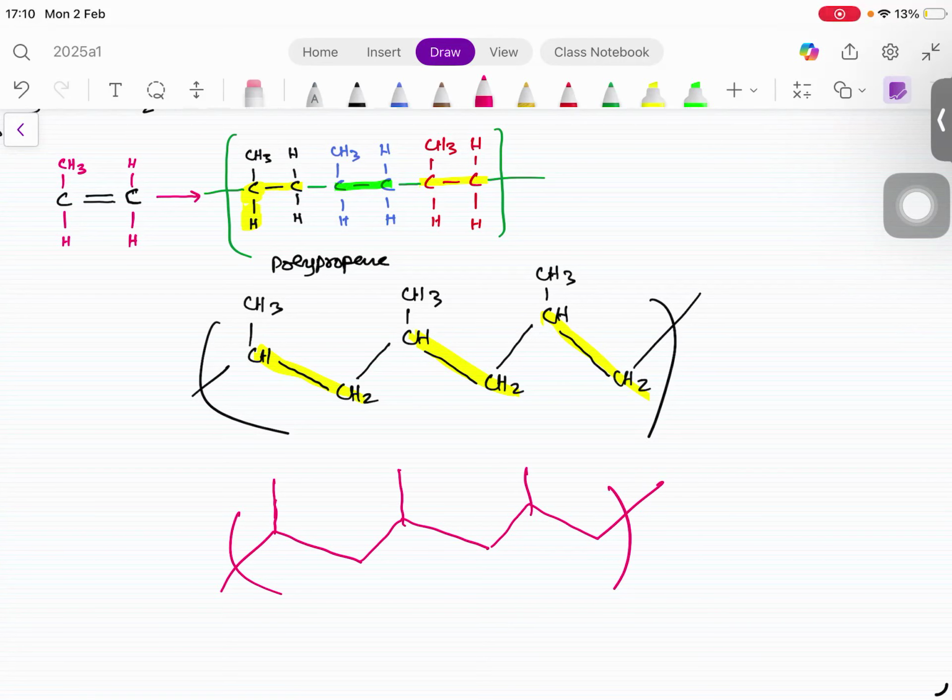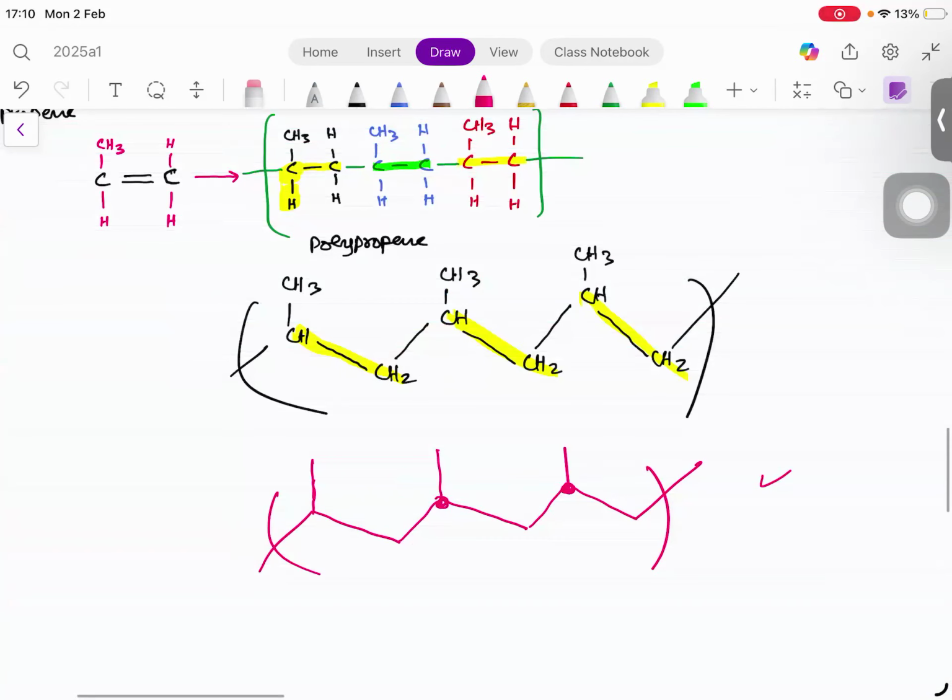You see? So what does the bracket show? That it is still continued. It is a polypropene showing how many repeat units? 3. So this is full skeletal 3 repeat units, semi-skeletal 3 repeat units, and this is a straight structural or displayed with 3 repeat units, right?